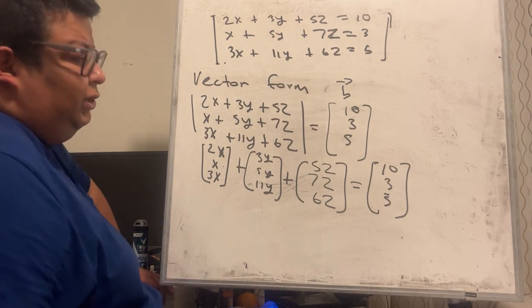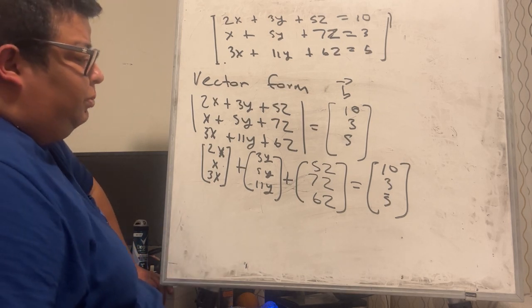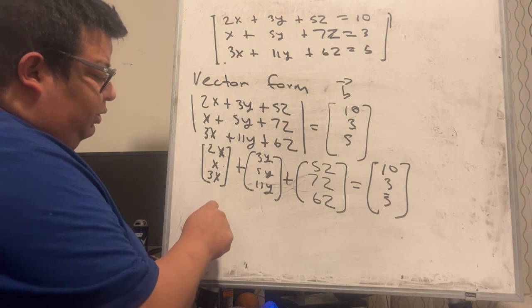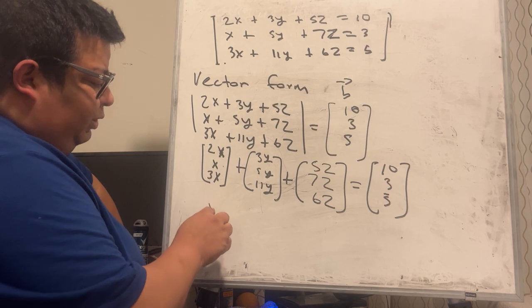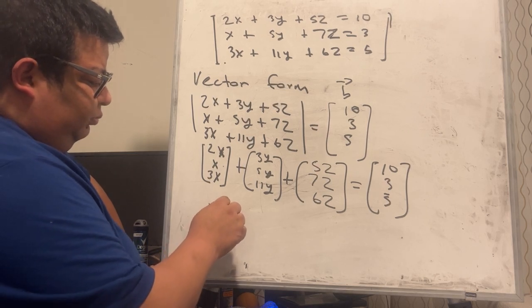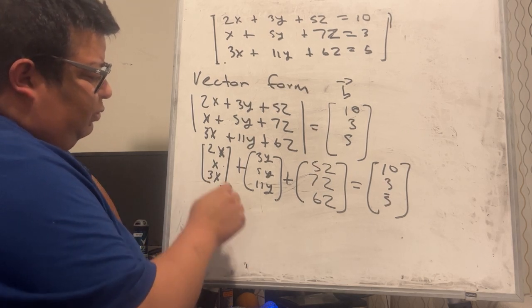And then your final way of setting up this vector form is as follows. Then you take this form, and you pull out an x. And then you leave only the coefficients.